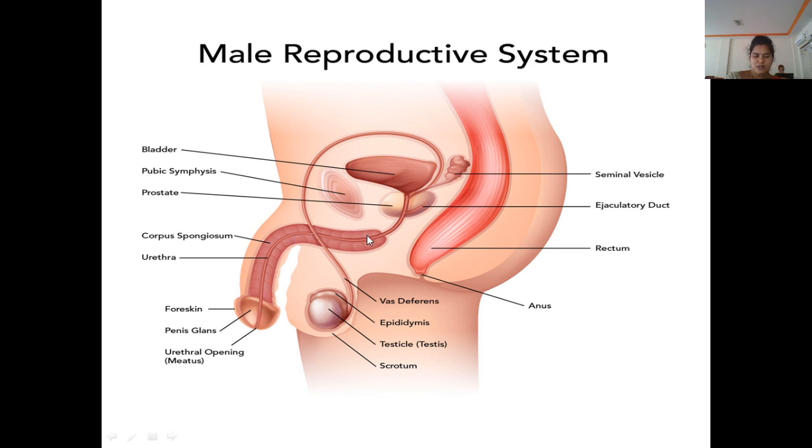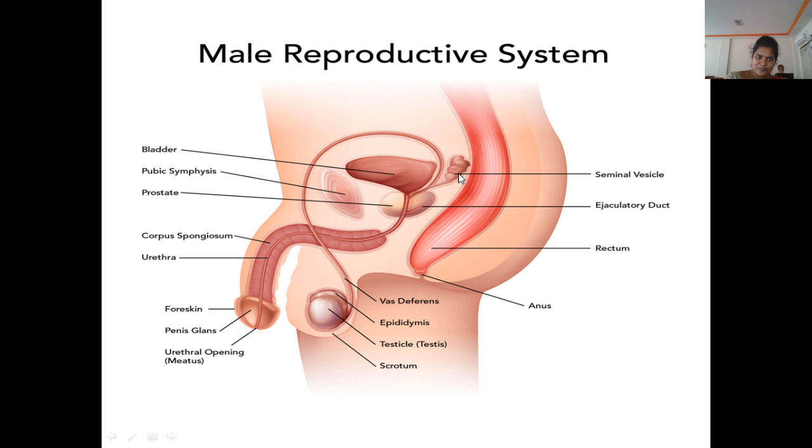This urethral opening is connected to the seminal vesicles, and it also has an ejaculatory duct. Through the ejaculatory duct, the semen will be expelled out through the urethral opening.